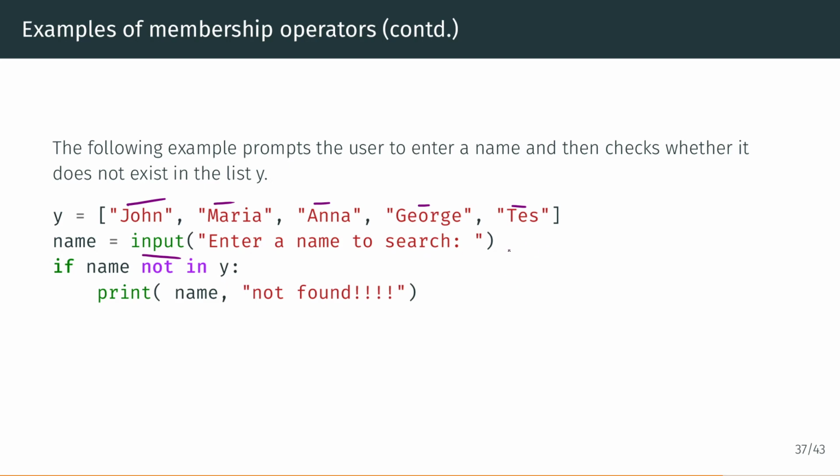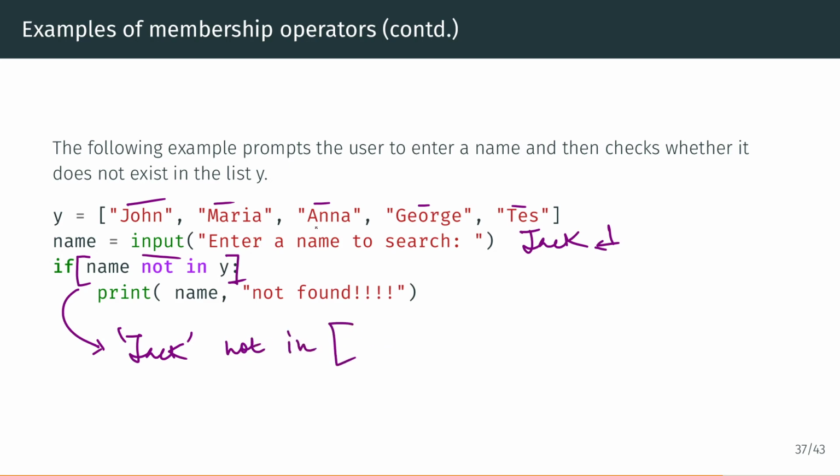So let's say the user enters Jack and presses the return key. Now I say if name not in Y, print name not found. In this case, name is Jack. So what this statement means is if Jack not in Y, which is true, because Jack is not in this list, John, Maria, Anna, George, Tess.